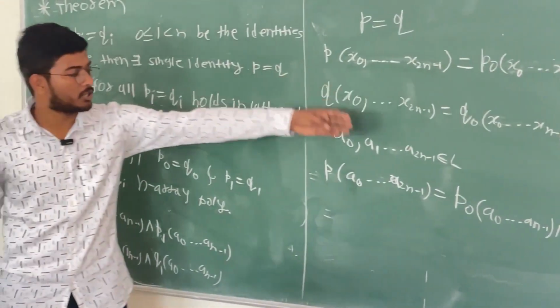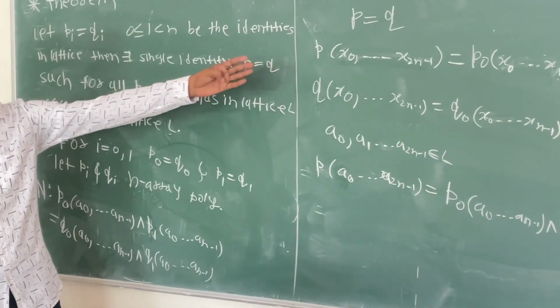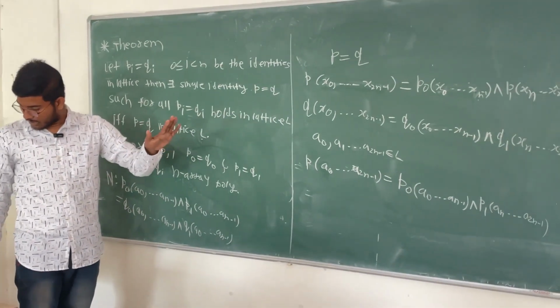These are the variables x0, and these are the polynomials evaluated by putting values in that polynomial for that variable.